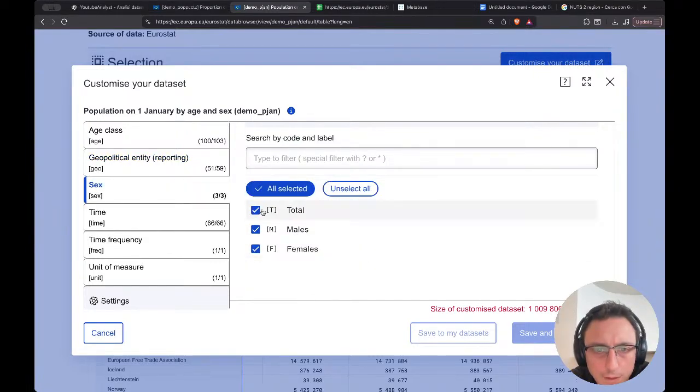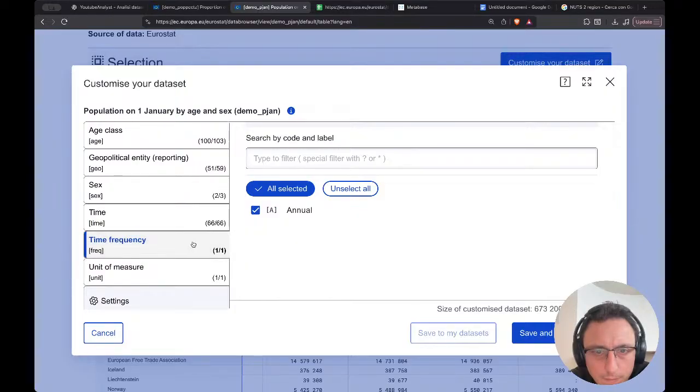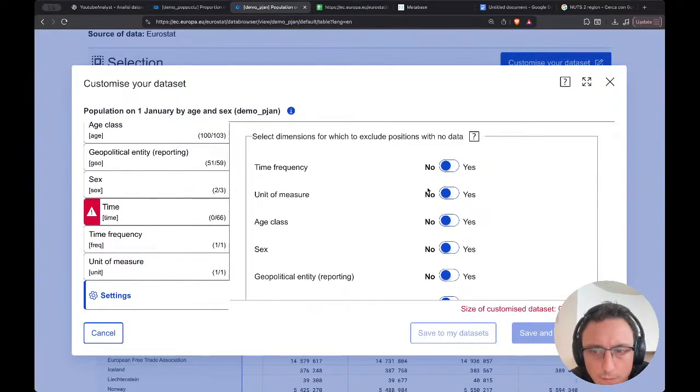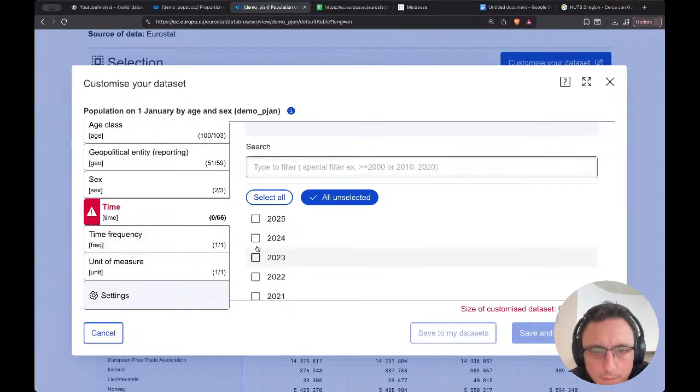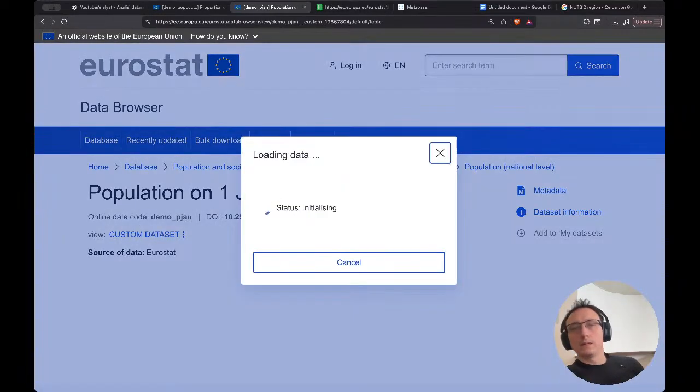Alright. We remove the total. Nice. Time. Time frequency. Wait. Alright, this makes much more sense.